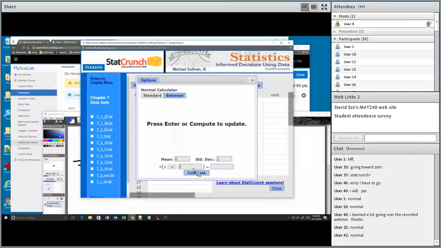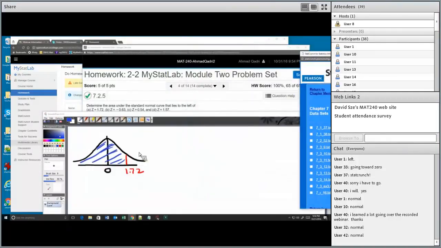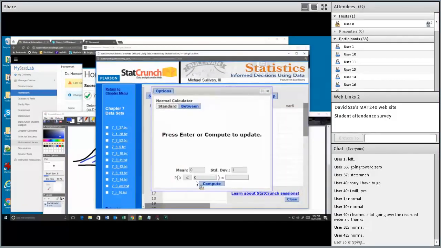How do you think I'm going to calculate this probability that z is less than 1.72? I only have to do one thing here to calculate that probability. What do you think it is? Yeah, exactly. Change this 0 to 1.72 and hit compute.